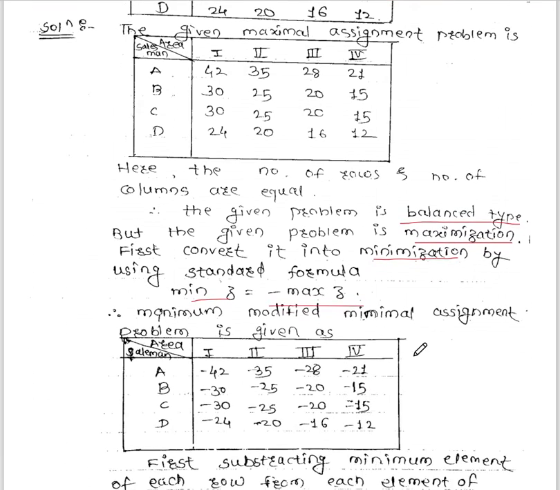Using this formula we multiply each term by minus 1. So minimum z equals minus maximum z. So this is the maximum type of problem. Now we will multiply minus 1 to each element in this table. So minus 42 and so on.